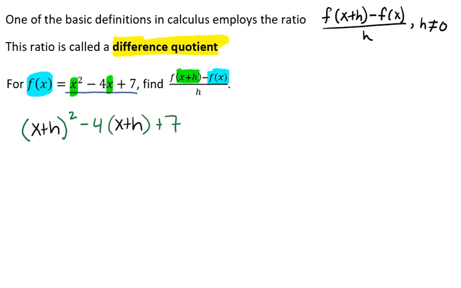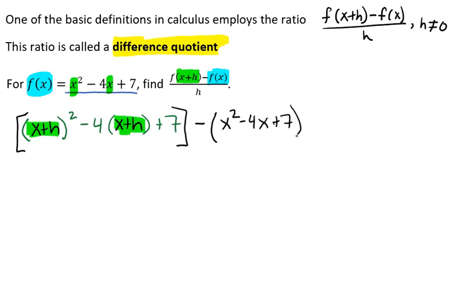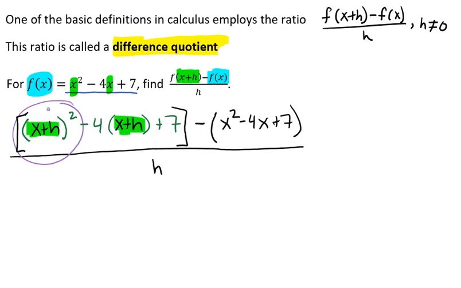We're supposed to take that, and then subtract our original function, which is x squared minus 4x plus 7. And all of that is over h. So we're going to need to FOIL or distribute, however you'd like to think about it, this piece right there.